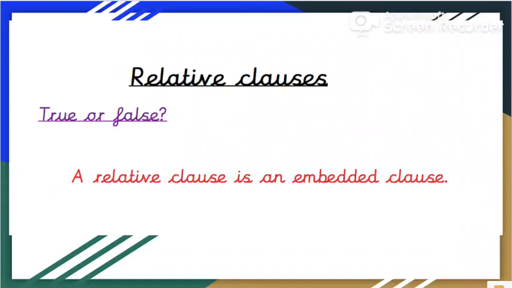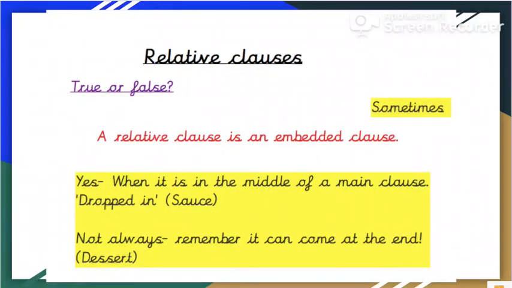True or false, a relative clause is an embedded clause. Now, I've kind of just given this away on my last slide with what I was saying. So have a little think about what I said. You could even rewind 20 seconds to listen to me again. Is this true or is this false? This one was a little bit of a trick because this one is sometimes. A relative clause is an embedded clause, but it's not always an embedded clause.